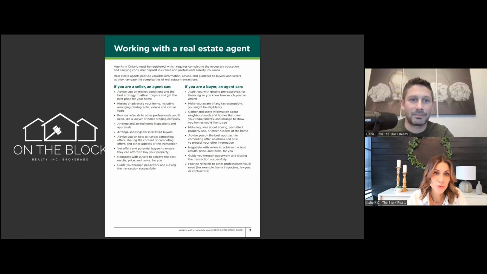For a seller, they can advise you on market conditions and the best strategy to attract buyers and get the best price for your home; market or advertise your home, including arranging photographs, videos, and virtual tours; provide referrals to other professionals you'll need like a lawyer or home staging company; arrange and attend home inspections and appraisals; arrange showings for interested buyers; advise you on how to handle competing offers, sharing the content of competing offers and other aspects of the transaction; vet offers and potential buyers to ensure they can afford to buy your property; negotiate with buyers to achieve the best results, price, and terms for you; and guide you through paperwork and closing the transaction successfully.